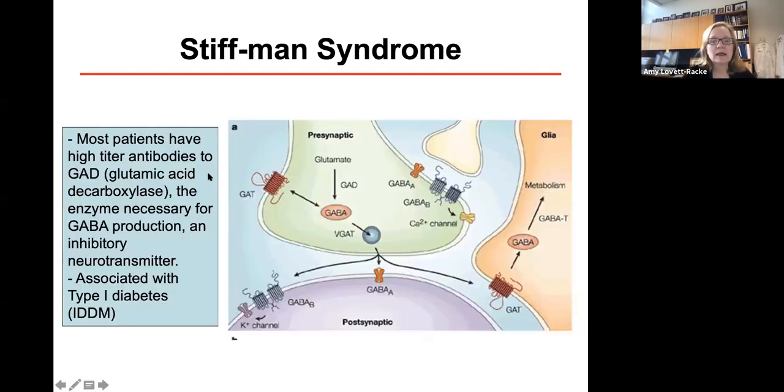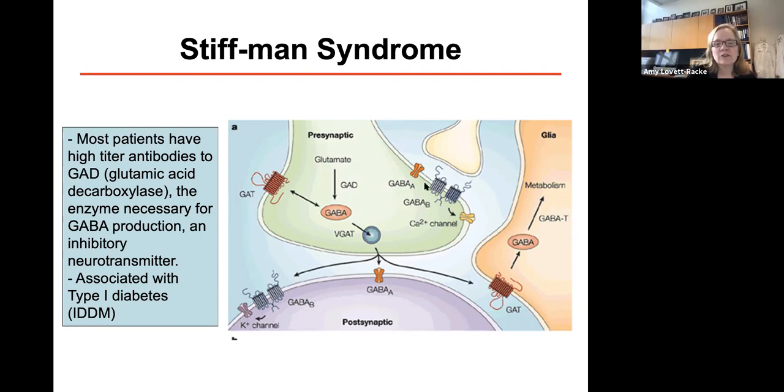In stiff man syndrome, it appears that these patients have antibodies to GAD, which is the enzyme that converts glutamate to GABA. GABA is an inhibitory neurotransmitter, so by inhibiting the production of GABA, you end up getting continuous signaling that causes the rigidity you see in these patients.